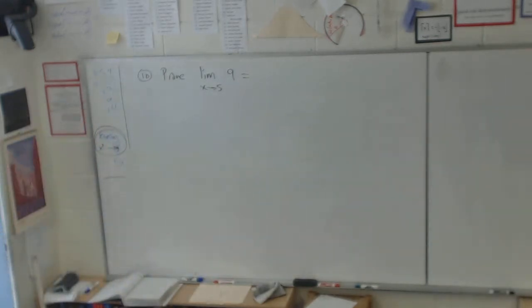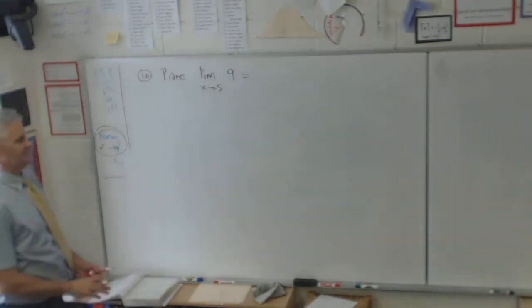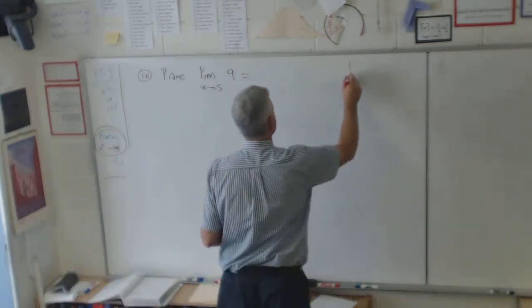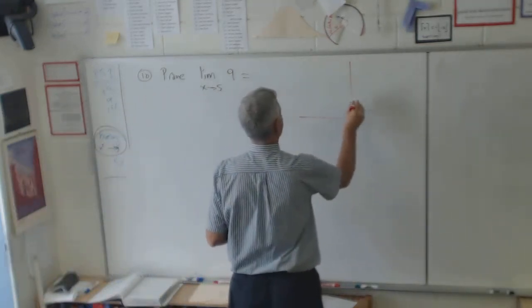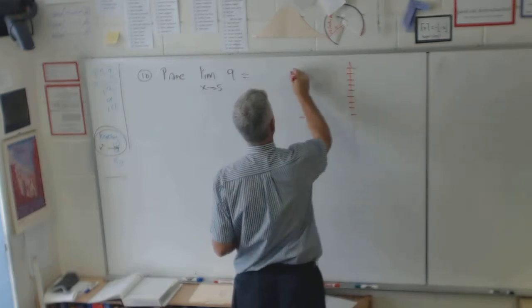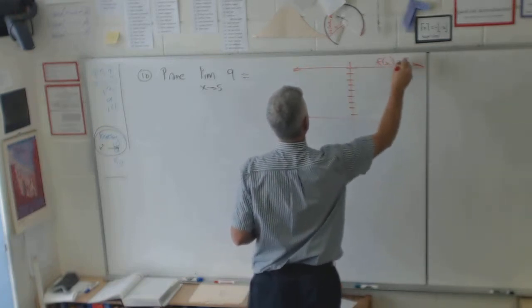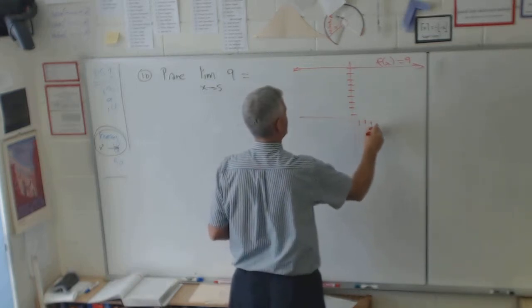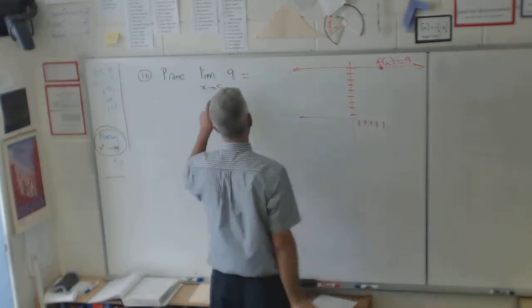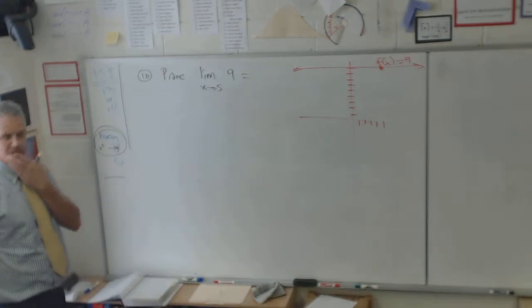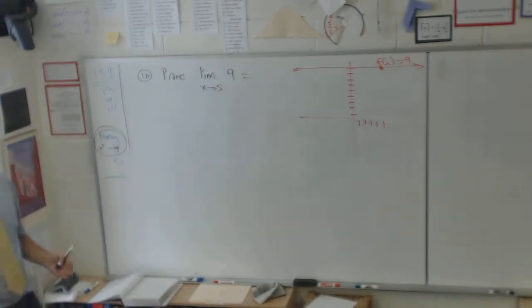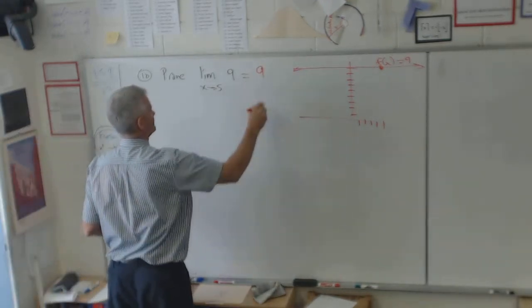We're supposed to find the limit and then use the epsilon delta proof to prove that the limit is true. Now, this is a ridiculously easy problem. There's our graph. F of x is always 9. What is the limit as x approaches 5 of 9? 9. The y-value x is approaching is 9.